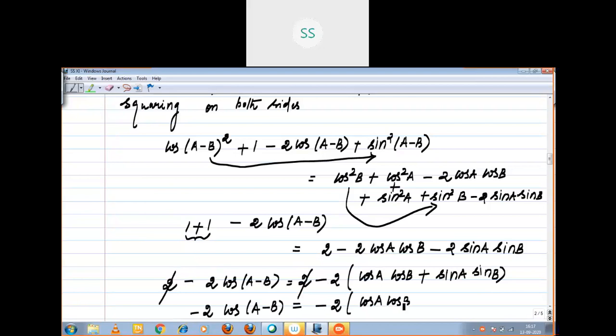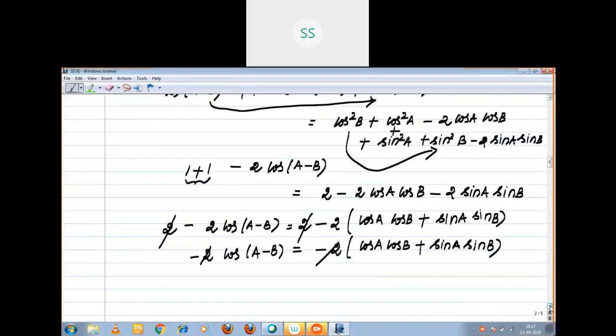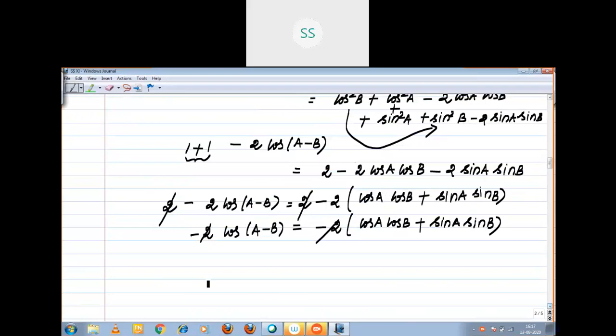Now 2 cancel, minus 2 cos(A minus B) equal to minus 2 (cos A cos B plus sin A sin B). Now you see, minus 2 cancel.